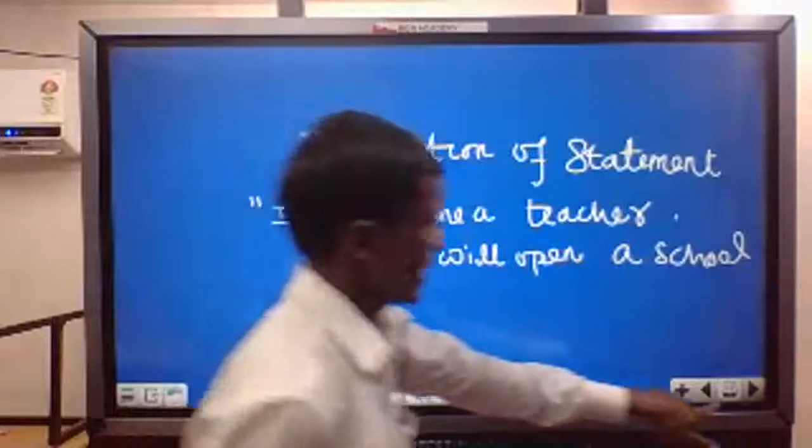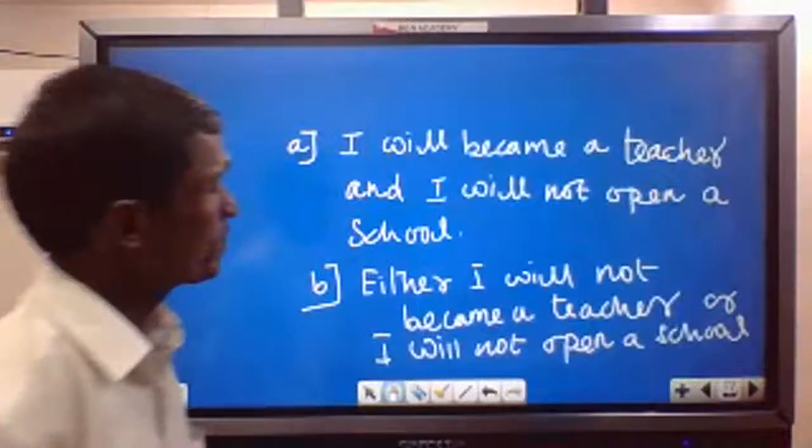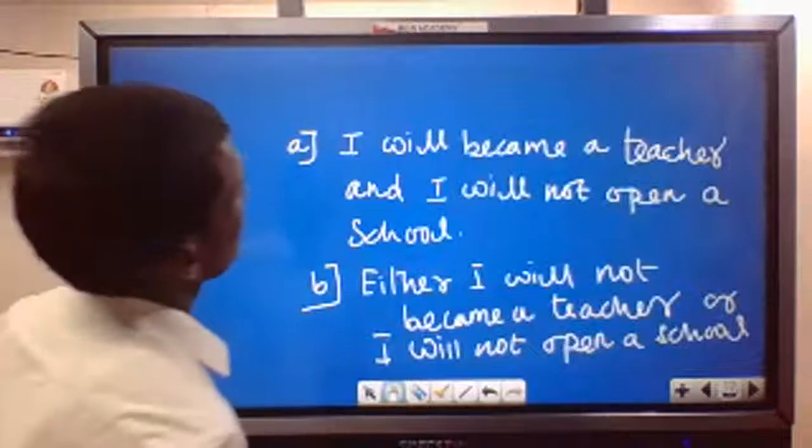So the first option is correct for the negation of the given statement.